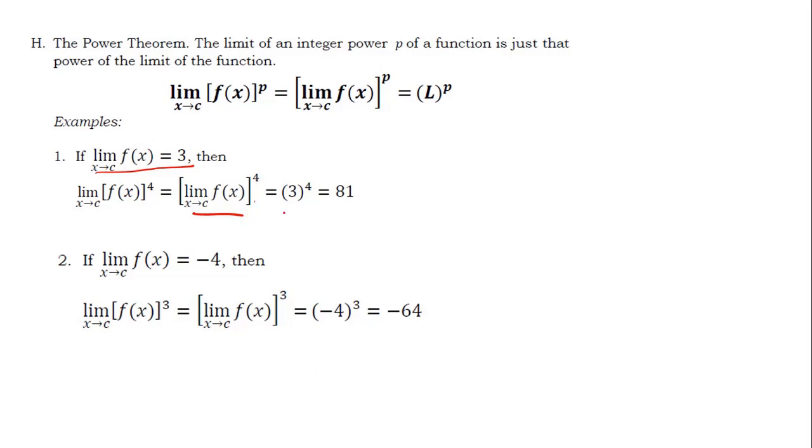So, just simply 3 raised to 4, that is 81. So first, get the limit of the function. Next example, the limit of this one is negative 4, and the power is 3. So, negative 4 raised to the power of 3 is negative 64.